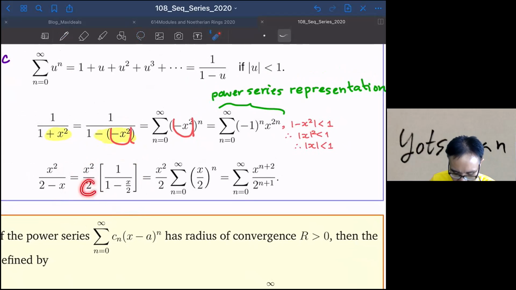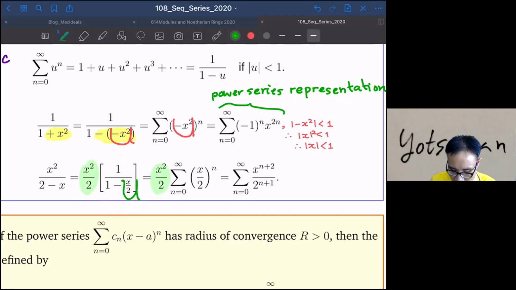And you have this function, so you get u equal to x over 2.